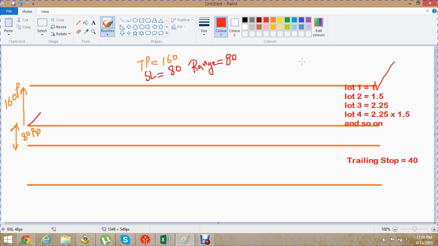Our first lot size is 1, so we'll place a trade with 1 lot size, and we will have a 40 pips trailing stop for this also. So we placed a buy trade based on some indicators, which I will tell you later on, and also at a particular time.